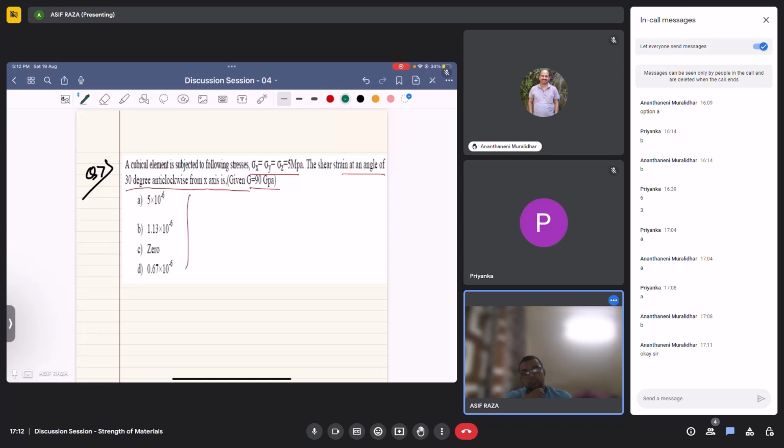Let me first ask you, what is this case called? In this case, sigma x equal to sigma y equal to sigma z is equal to 5 megapascal, so all of the stresses are equally valued.